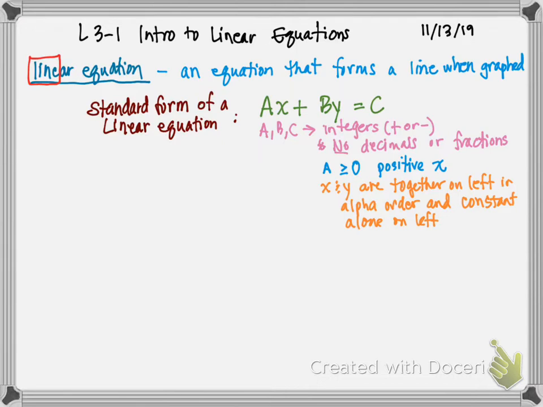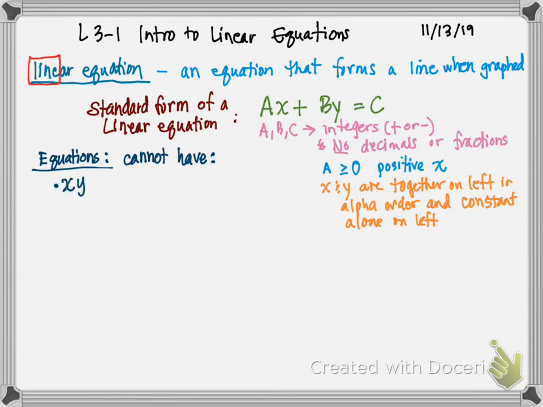So in order to have an equation, we need to also have some certain criteria that we're going to follow. So if I actually have an equation, these are things you cannot have. Equations cannot have a product of x and y.